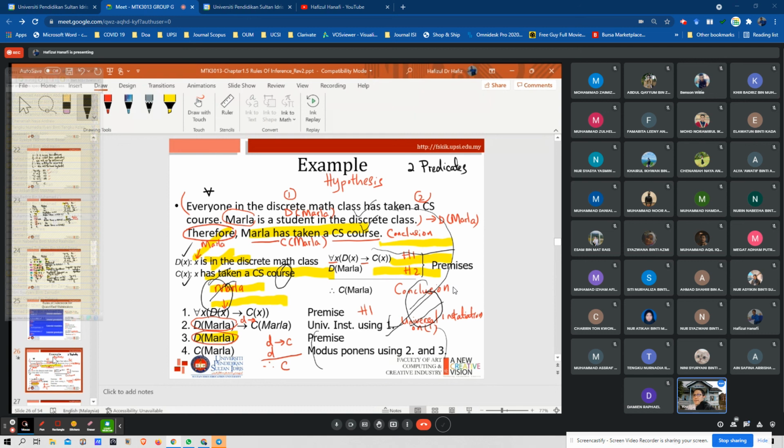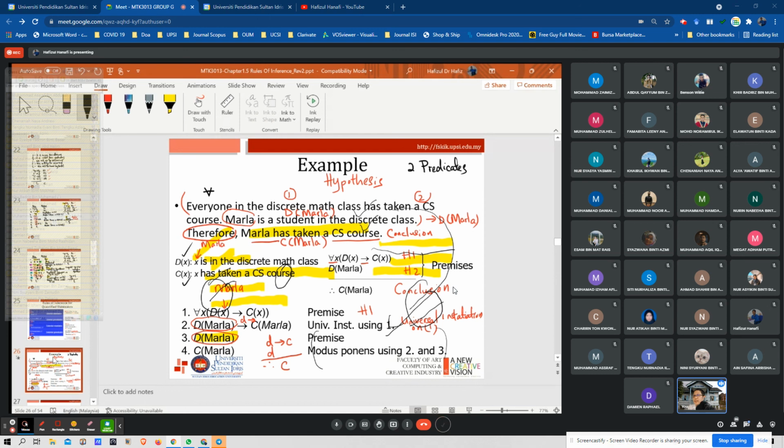Here we have D(x) and C(x). This is the predicate, where you assign the variable, and the variable is Marla. x is in the discrete math class, and x has taken computer science courses. Then we have premises H1 and H2, and C as Marla has taken computer science courses.